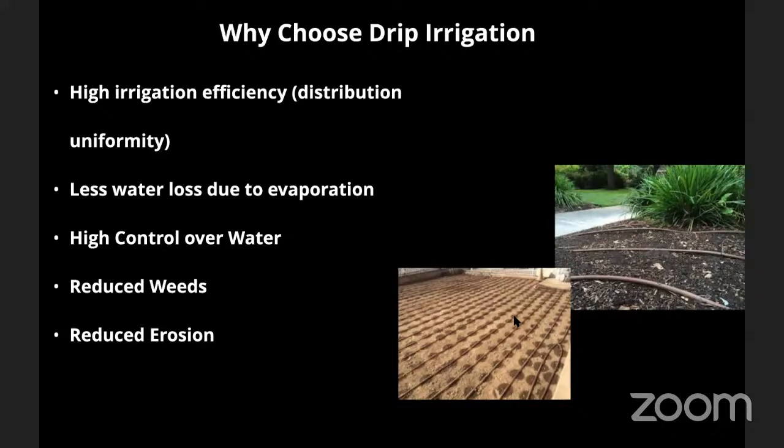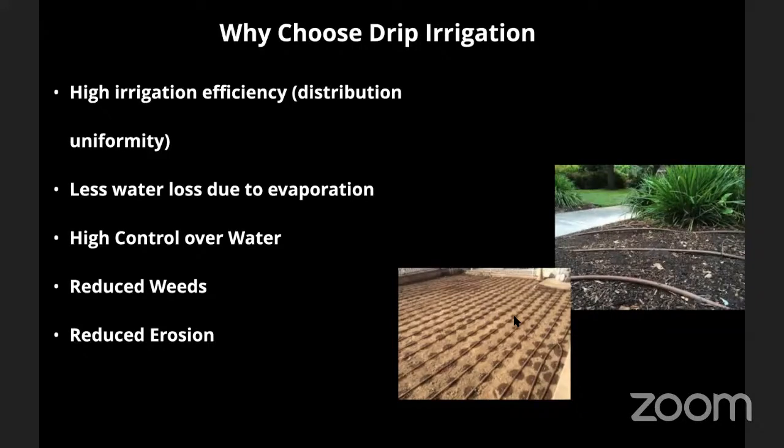You're going to want them on different valves so that they can water on a different schedule, but spatially, it's very flexible. In some cases, because you're only applying water where you want it to, you can have reduced weed pressure as well. And then finally, drip is often a very good choice on slopes because it does put out water relatively slowly compared to traditional spray systems.